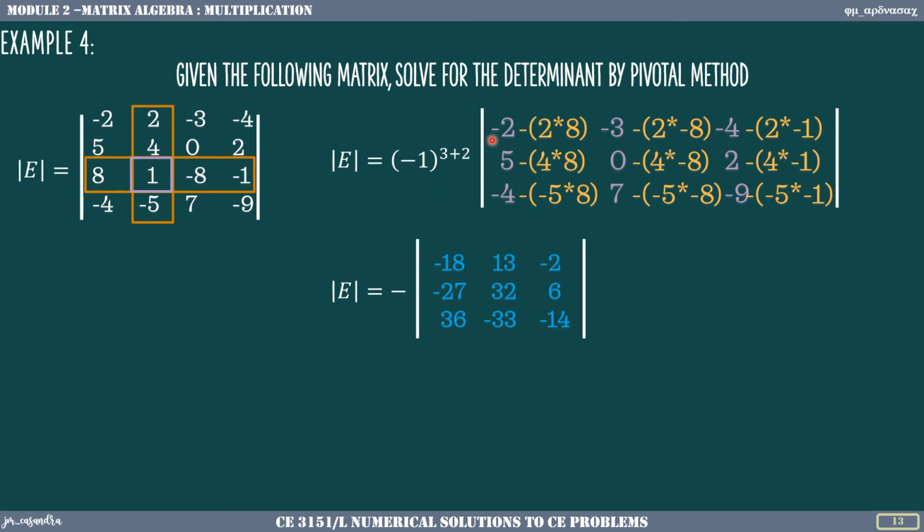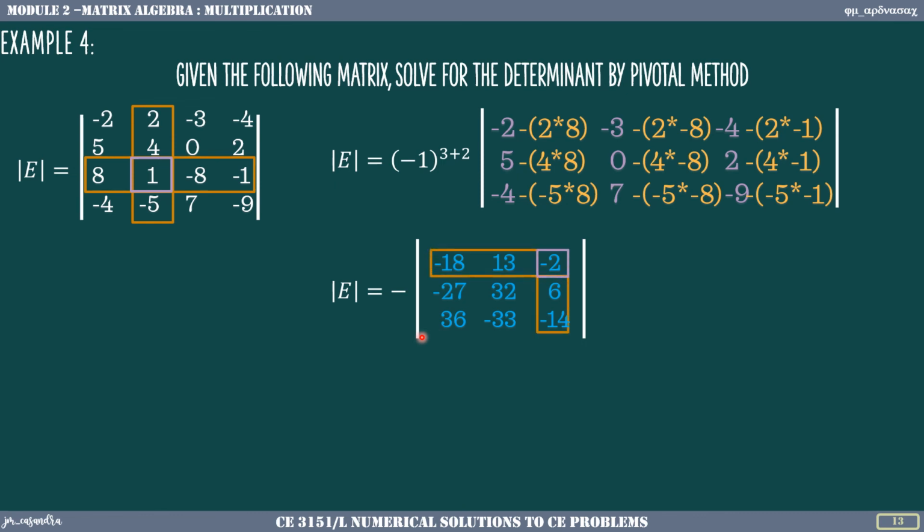So another way of solving for our determinant, we could use the Sarrus' rule already, or if we're going to continue with the pivotal element method, we are going to choose any element that's equal to 1. But in this case, we do not have an element equal to 1, so we could choose a number that we will reduce to 1.